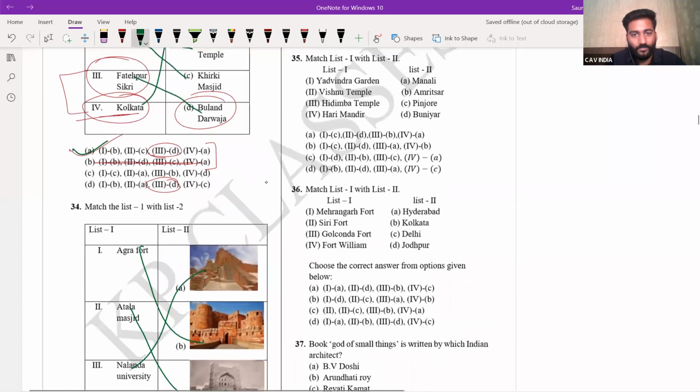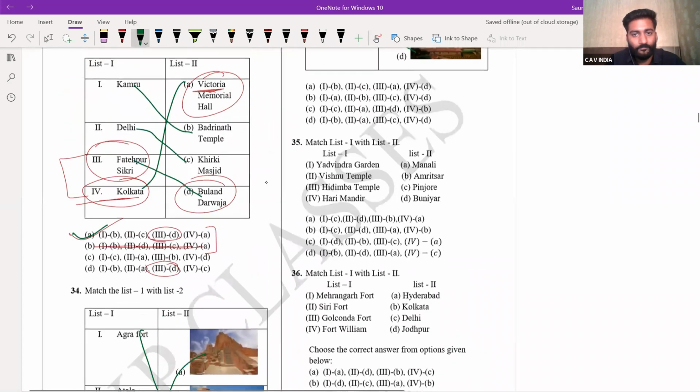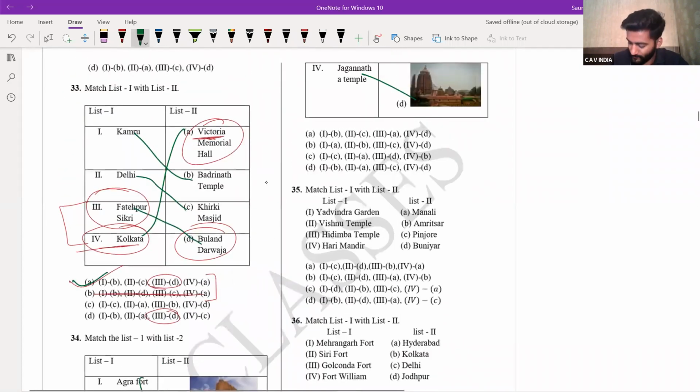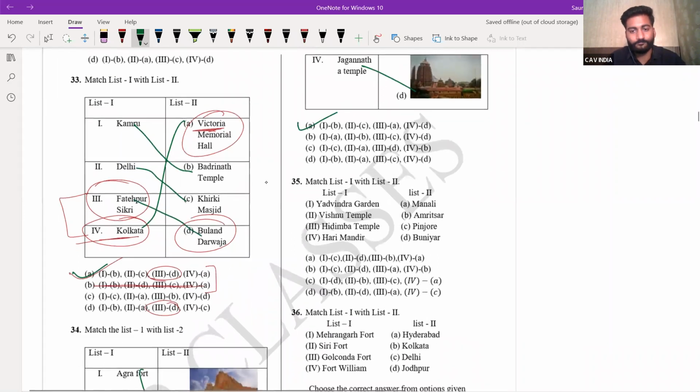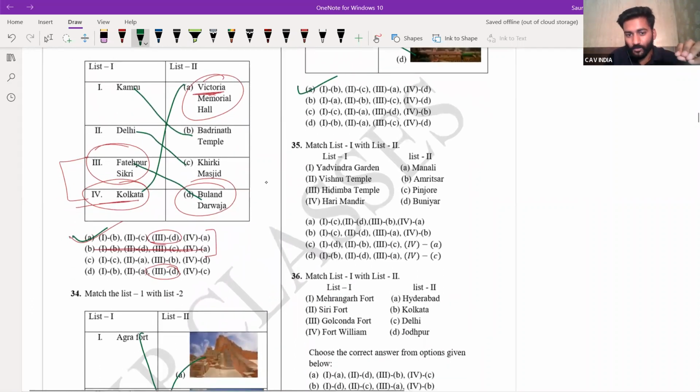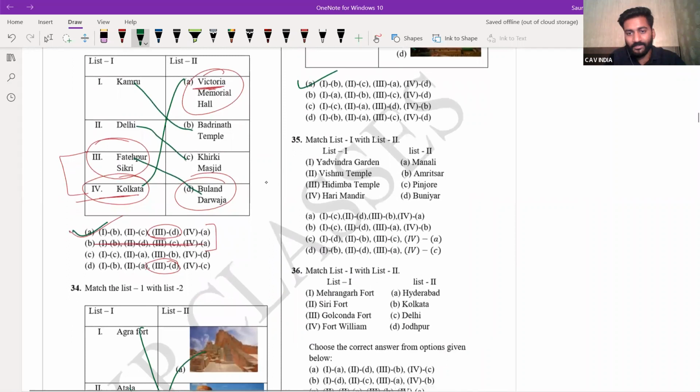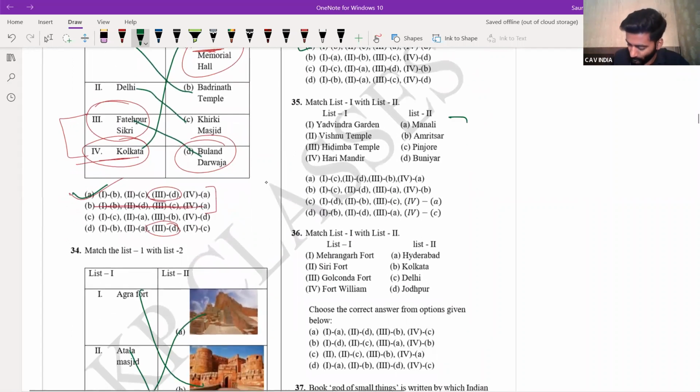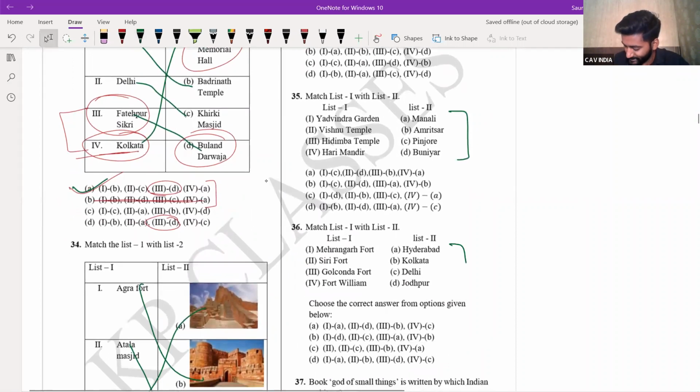Therefore, the answer would be option A. So you see, all these questions, like the next two questions about the location of all these temples or about the location of all these forts, they are similar. In this one, B is the right answer.